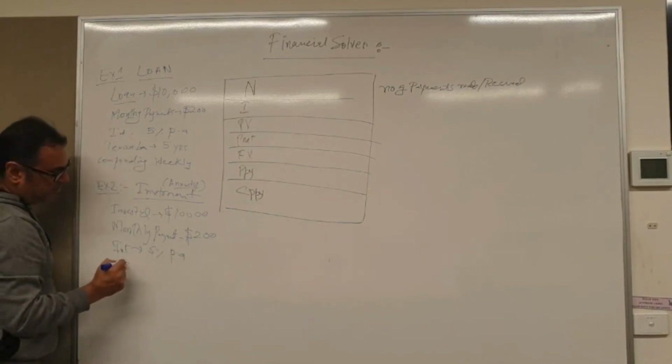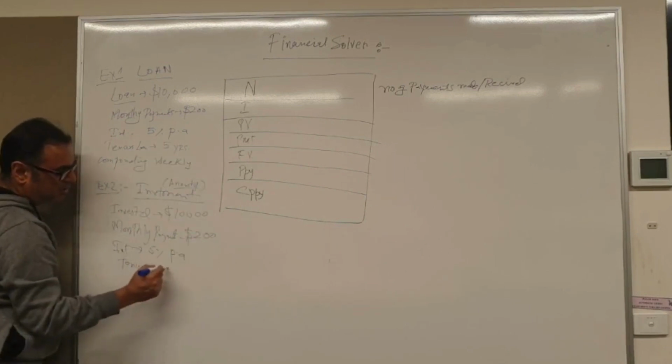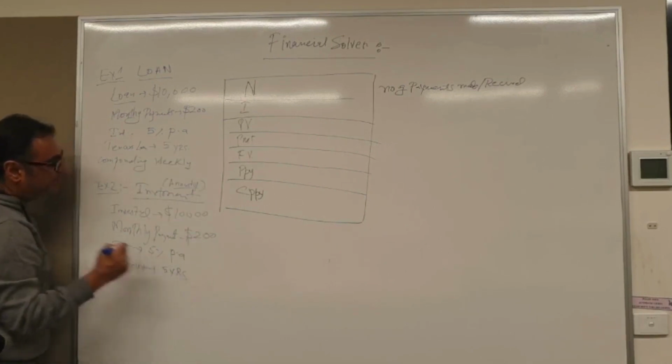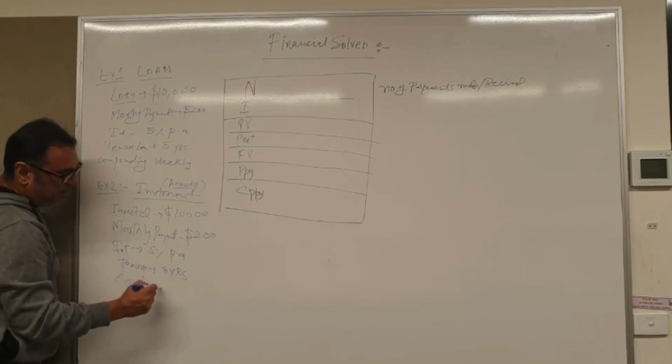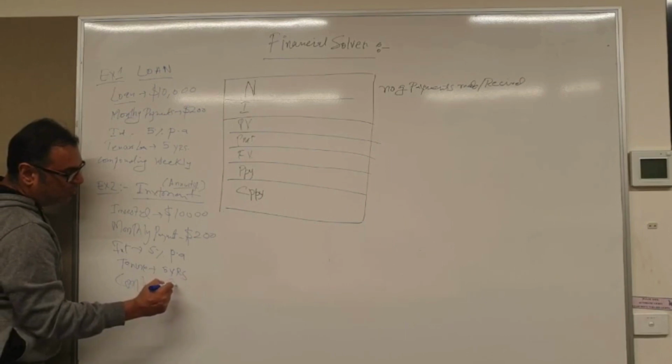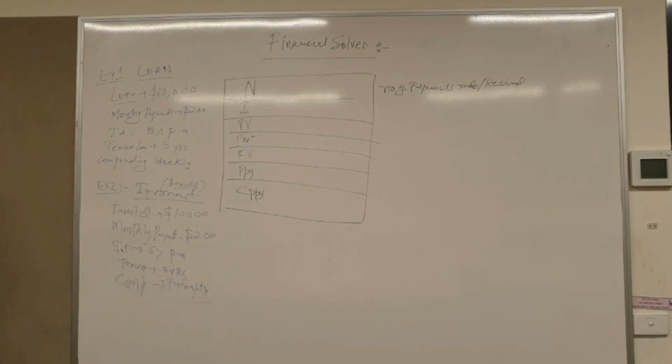Tenure is, they're receiving this $200 for 5 years, and the compounding is happening fortnightly. Let's see how your financial solver will behave in these two examples.